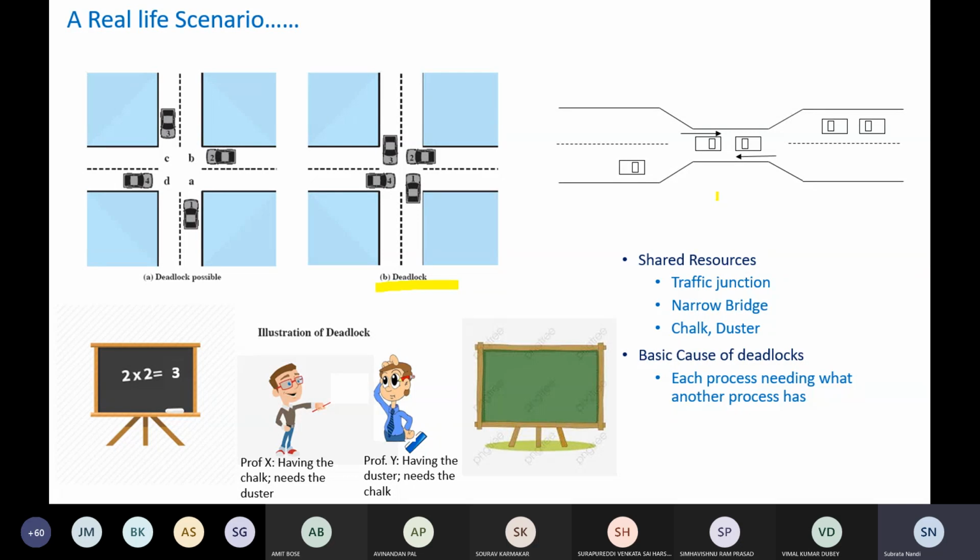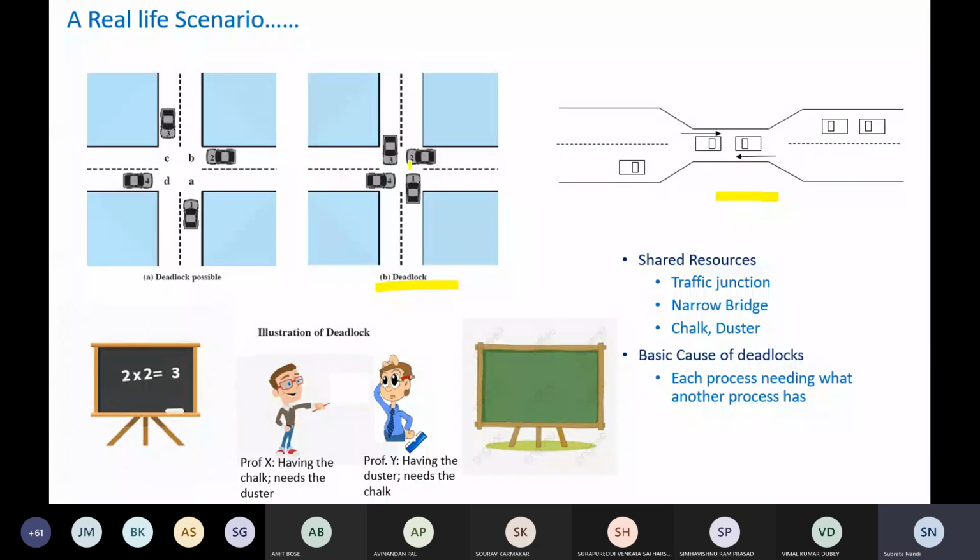The second example is a very narrow bridge where vehicles are approaching from both sides and are facing each other, and it is so narrow that there is no space for them to pass. So this is a deadlock.